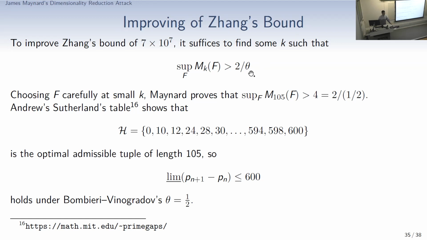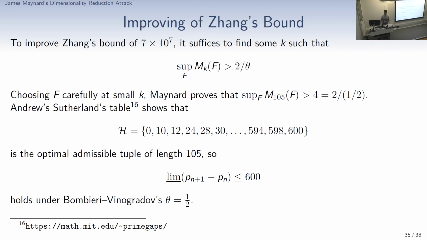And when theta equals 1/2, the right hand side is transformed to 4. And James Maynard, by some complicated calculation, finds that when k equals 105, this quantity is going to be greater than 4. And then he also uses some computations by other mathematicians that this tuple is the optimal admissible tuple.